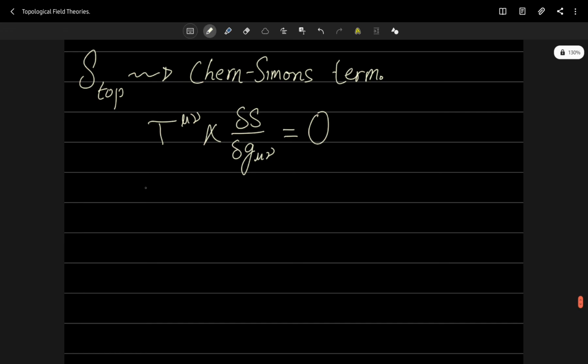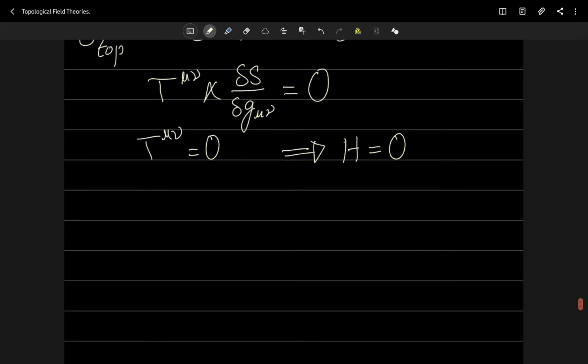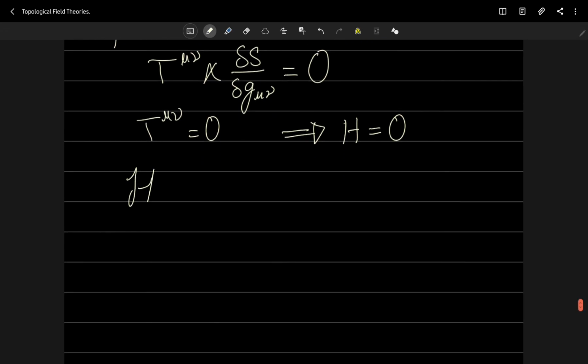But if T mu nu is equal to 0, then this implies that the Hamiltonian also vanishes. Now, this is an awesome problem for introductory quantum mechanics: to solve this eigenvalue problem, that is H psi is equal to E psi, when, of course, H is 0.